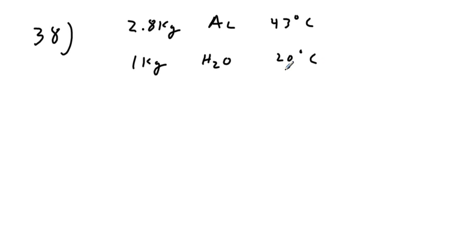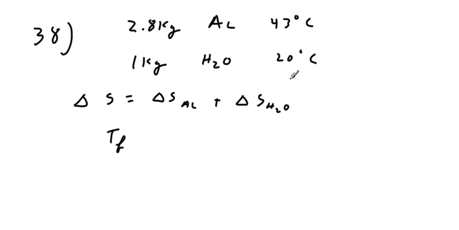So the change in entropy is going to be the change in entropy of the aluminum plus the change in entropy of the water. So we have 2 things to calculate. First thing we want to know is the final temperature. So that's the first thing we're going to have to calculate.